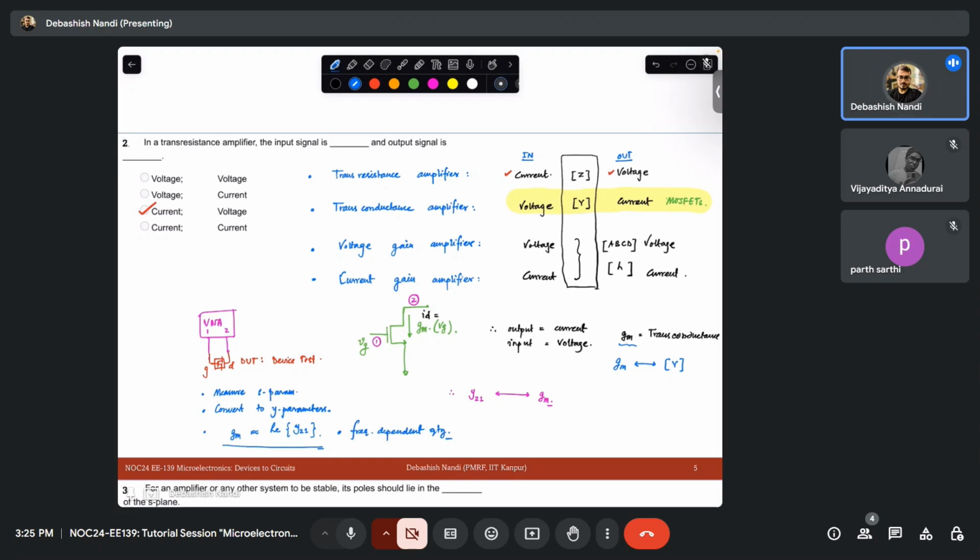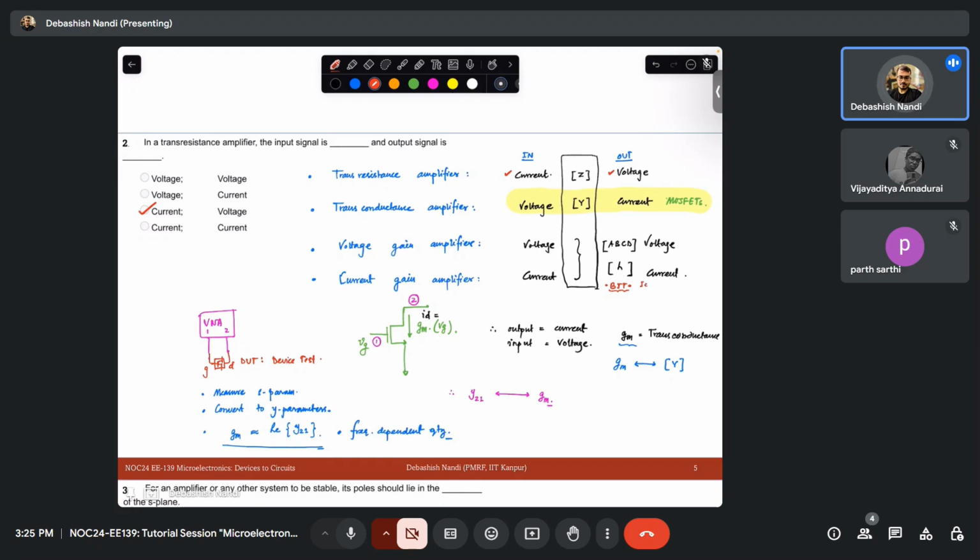If you consider your Y21 small signal high frequency parameters. In this way, you can define multiple combinations. For example, for a current gain amplifier, one example you could think of is a BJT. Though it is not absolutely necessary that a BJT has to be a current controlled current source, or in that case a current gain amplifier, it can be represented that way.